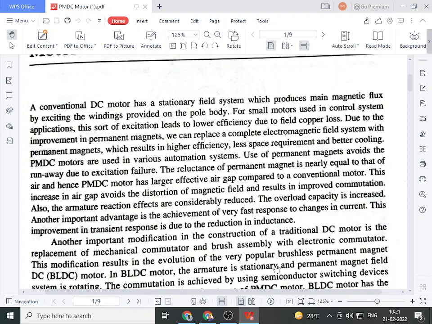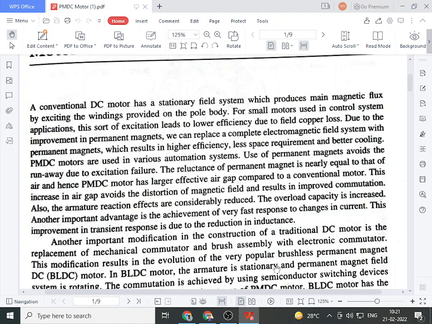That means by using power converter semiconductor circuits, we can completely eliminate the mechanical arrangement of commutator and brushes, and that leads to important advantages over the construction of the conventional DC motor. So that is the BLDC motor.